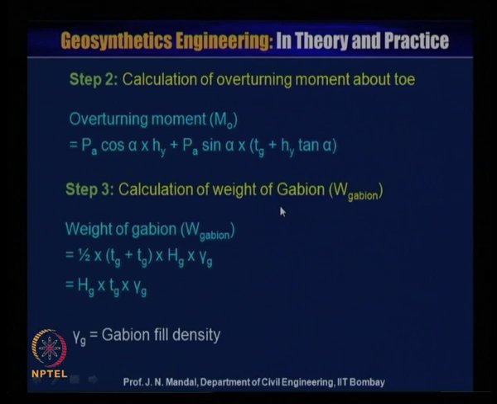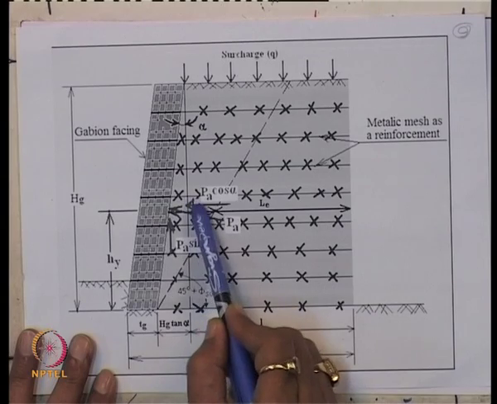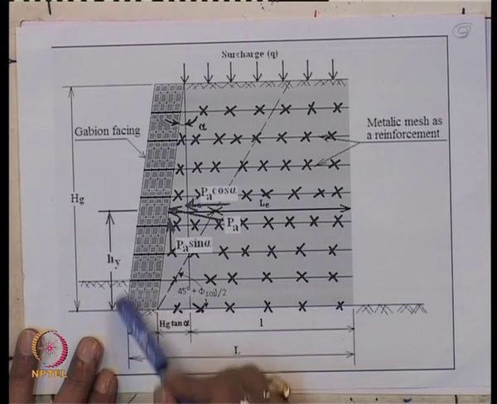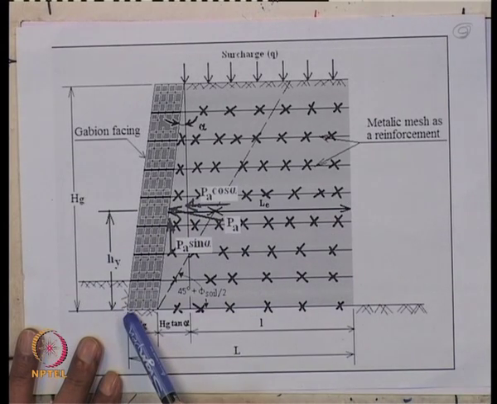Now step 2, calculation of overturning moment about the toe. So the overturning moment Mo is equal to Pa cos alpha, because the horizontal force is acting, Pa cos alpha. I show Pa, and this is angle alpha. That means this is the Pa, this is Pa cos alpha, Pa cos alpha into Hy, this is the moment.